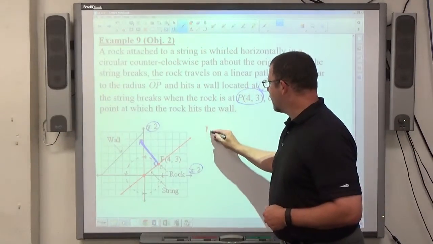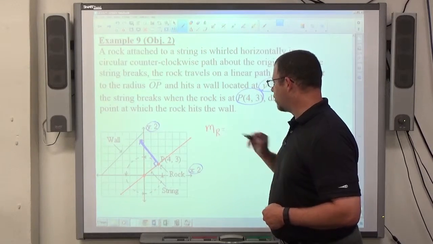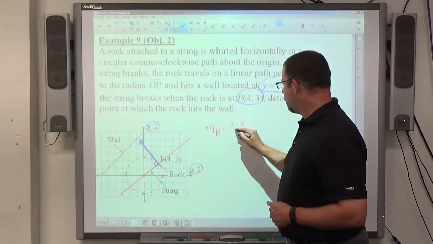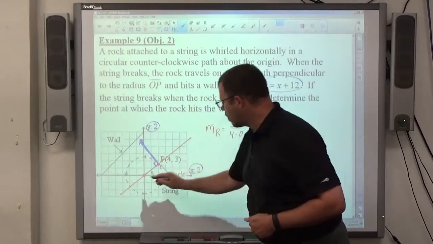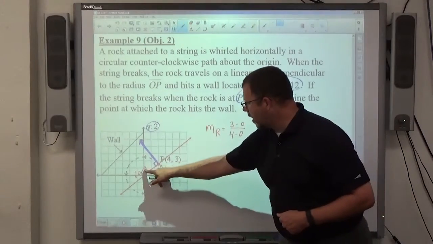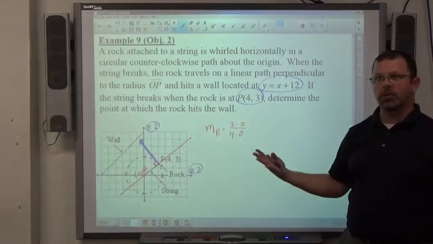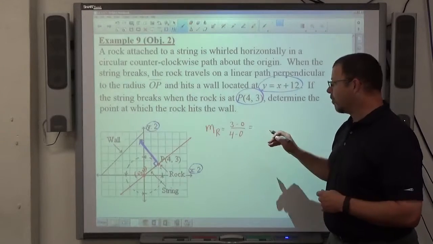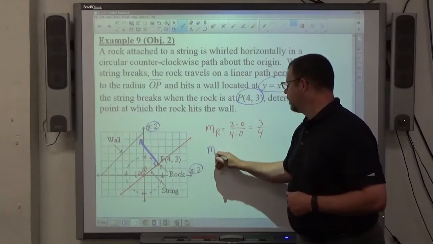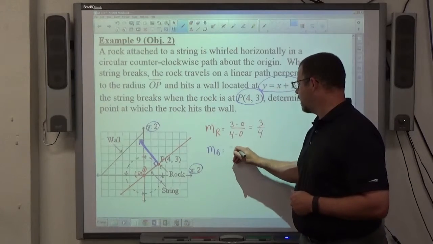So the slope of the red line, I'll call it m sub r for red, is going to be y minus y over x minus x. Keep in mind the origin's coordinates are 0, 0. So y minus y on top, x minus x on the bottom, the basic slope formula we always use. So the slope of the red line is 3/4, which means the slope of the blue line, the one I care about, is going to be negative 4/3.